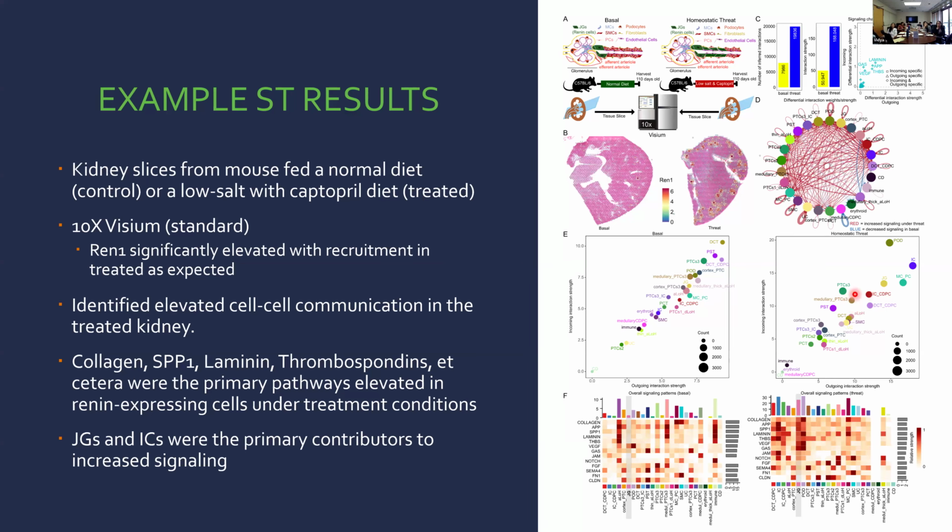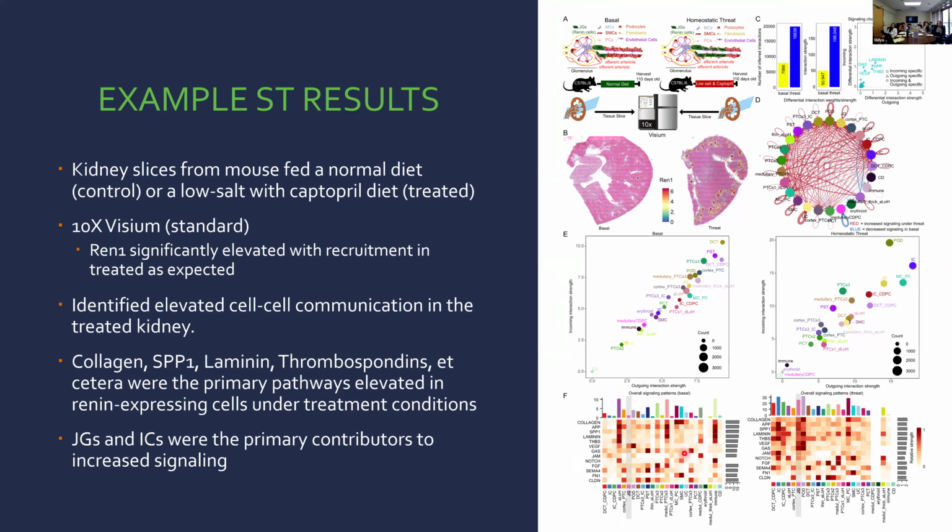Over here, some of these have shifted up and to the right, meaning the interaction strength is increased. JG cells are now one of the higher populations, and the interstitial cells in particular really moved up, suggesting that these cells, podocytes to a degree, and mesangial cells are also contributing to this increased cellular communication. So maybe these pathways we identified are relevant between these various populations to induce the change.